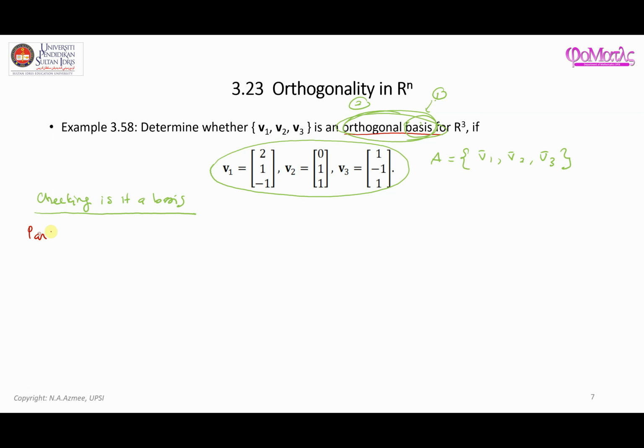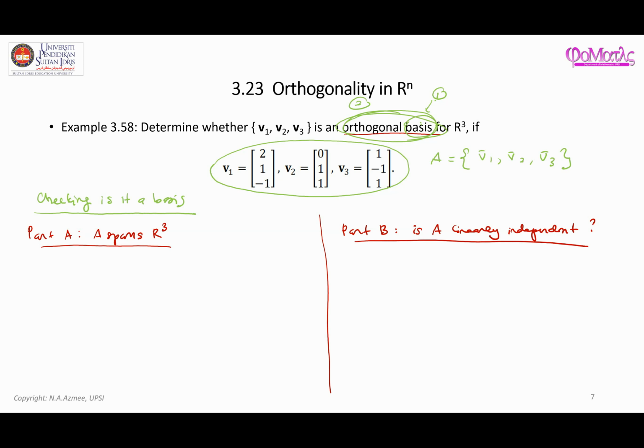The first part, I'm going to call it part A: we're going to check if A spans this vector space. And part B is whether A is linearly independent.